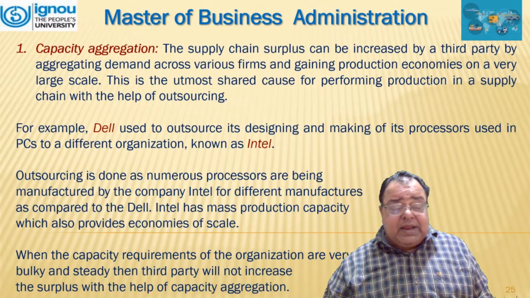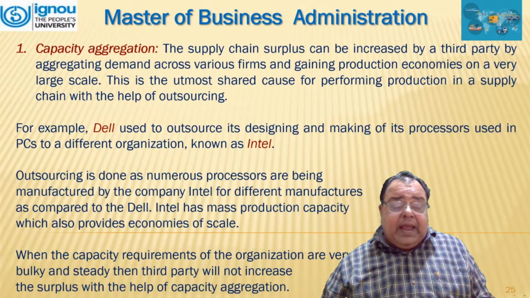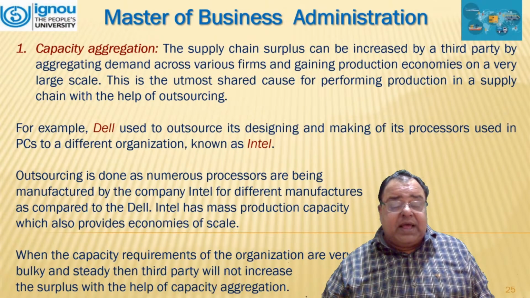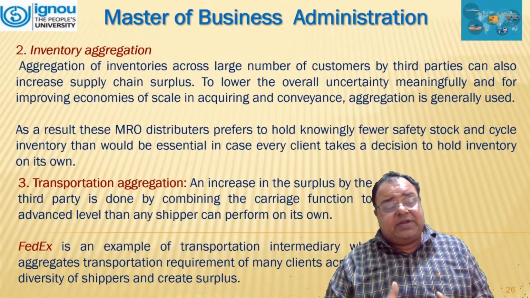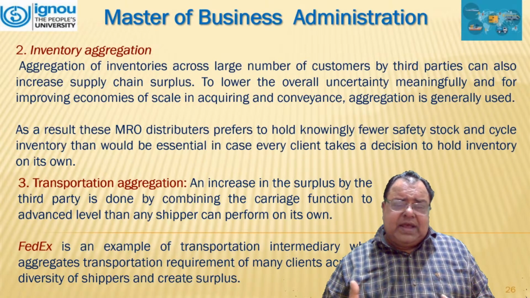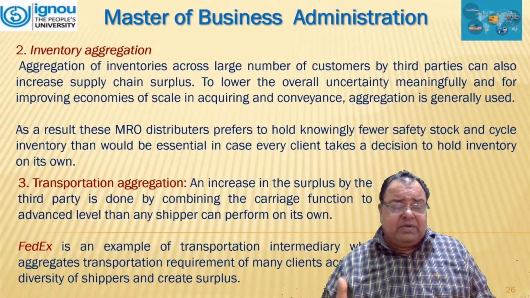When the capacity requirements of the organizations are very bulky and steady, then a third party will not increase the surplus with the help of capacity aggregation. Second one is inventory aggregation. Aggregation of inventories across a large number of customers by third parties can also increase supply chain surplus.